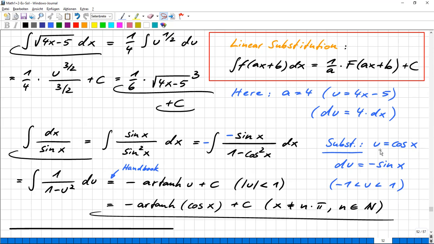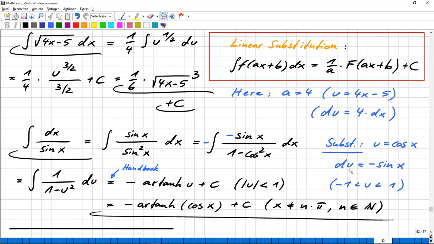So let's just try. If u equals cosine of x, I can say in differential form, and I hope you are familiar with this technique, differentiating on both sides if you want. You can always do it like this. If you have an isolated variable here, you just replace it by a differential. So you construct a differential: u gets replaced by du.